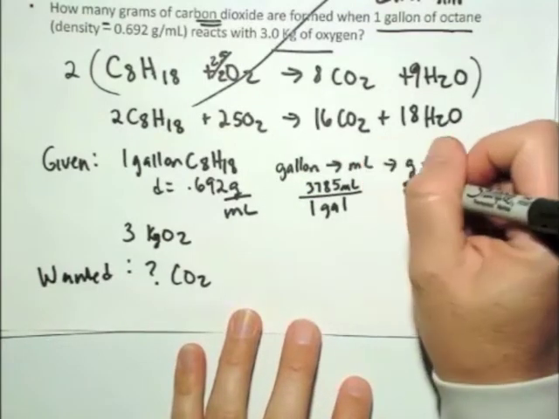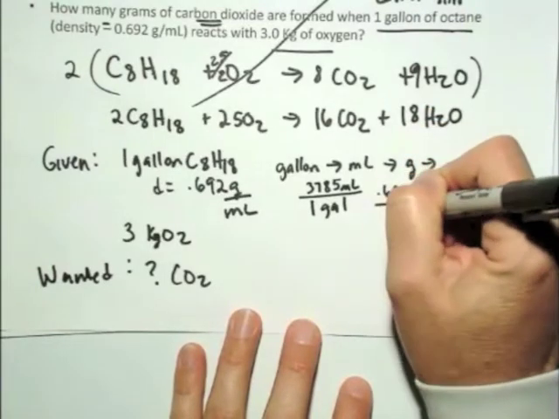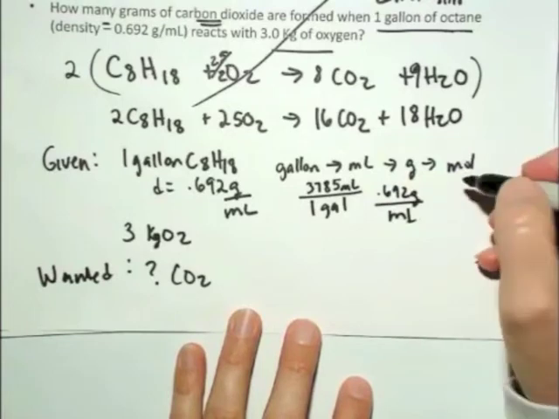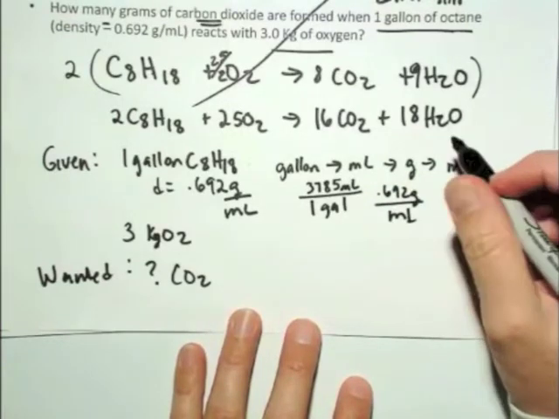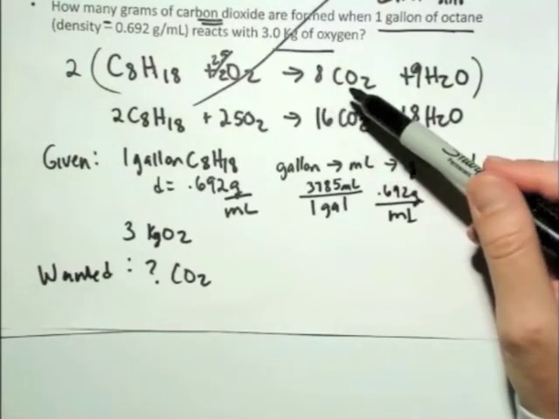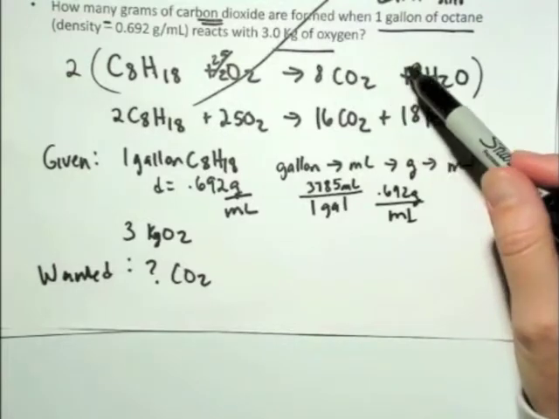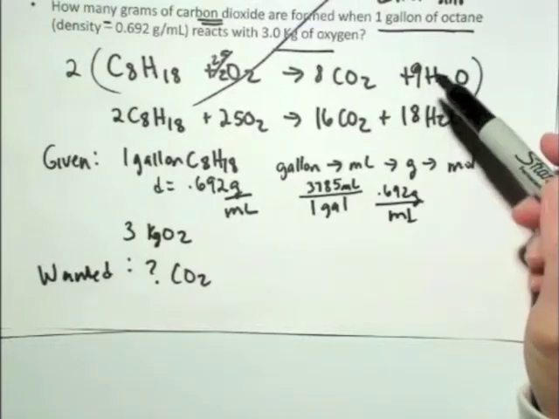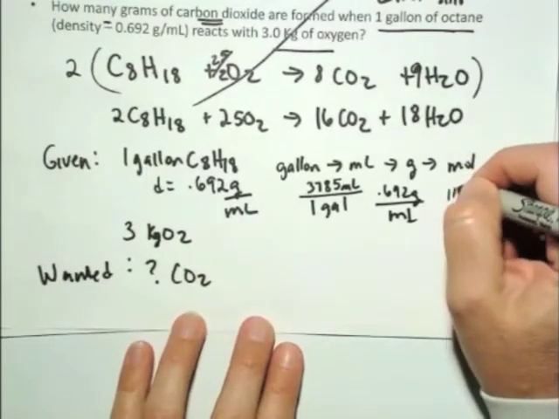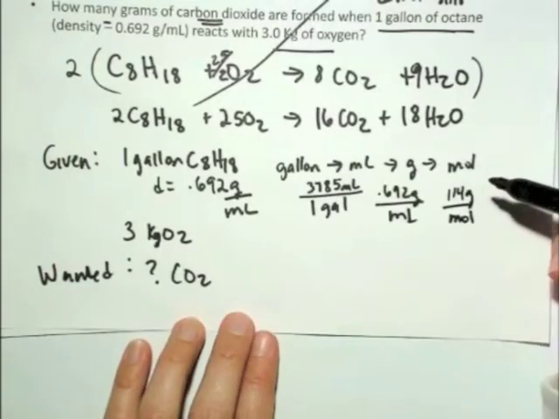And so to convert from milliliters to grams, then you just say 0.692 grams per milliliter. That's your conversion factor, the density. And then to get from grams to moles, of course, you just use the molar mass of octane, which if you look up on the periodic table, carbon's 12, hydrogen's 1. 8 times 12 plus 18 is equal to, let's see, what is the molar mass? 114 grams per mole.